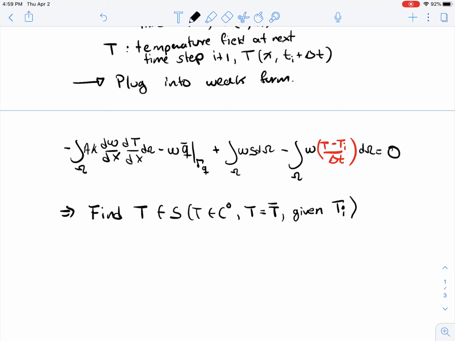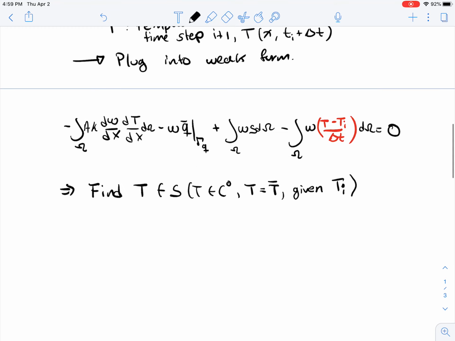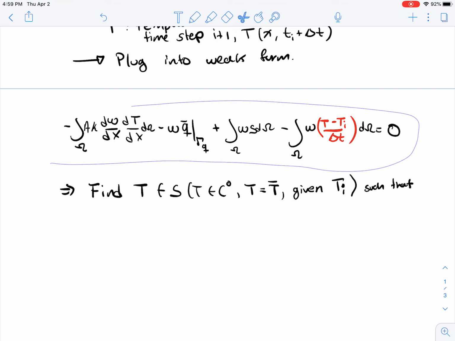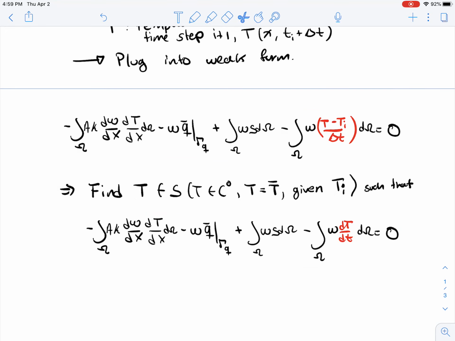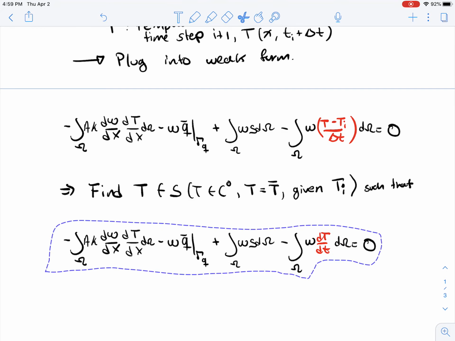So I assume that I already know the temperature at the previous time step and I know the essential boundary conditions. So knowing those two, I need to find the temperature at the next time step such that this is true.